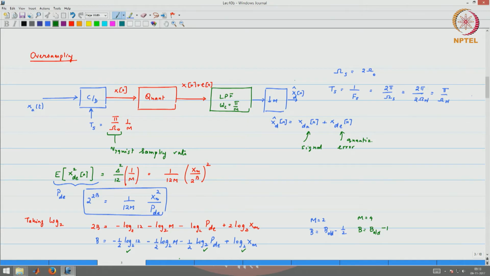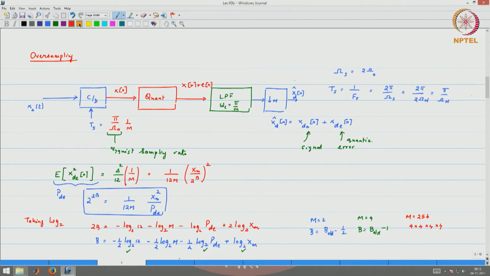So, again what we are trying to work towards is, if I ask you to tell me what you would get if M was equal to 256, of course you can plug in and do it, but you can write it as 4 times 4 times 4 times 4, 4 to the power of 4.